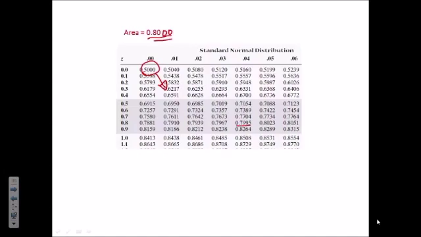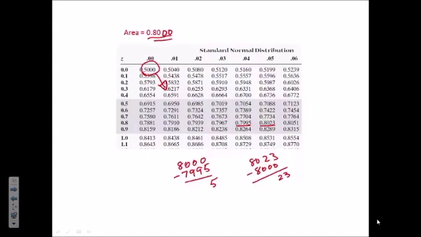What you find is 7995, which is too small, or 8023, which is too big. We want to see which of those is closer to 8000. So 8000 minus 7995 is 5 units away, and 8023 minus 8000 is 23 units away.